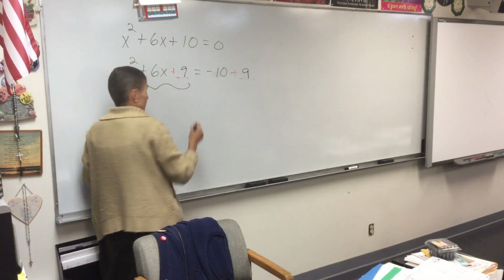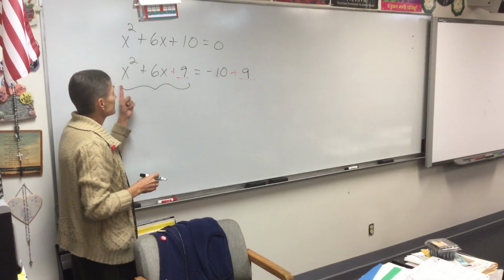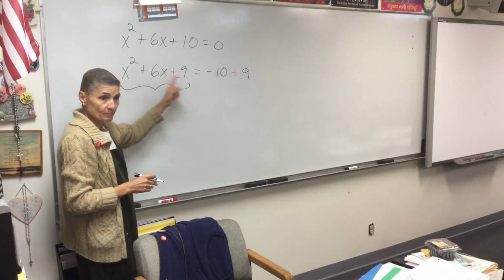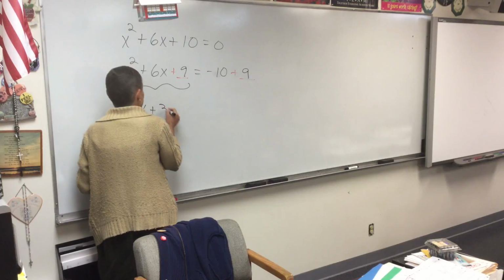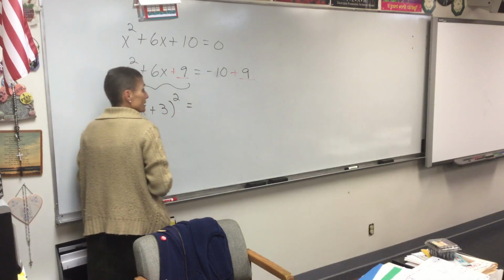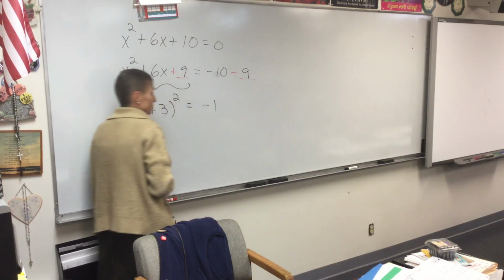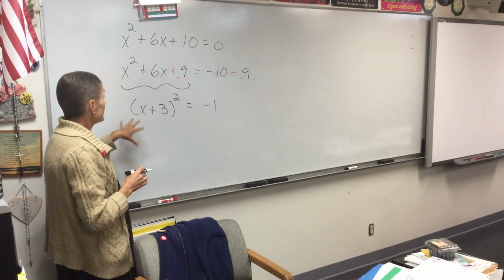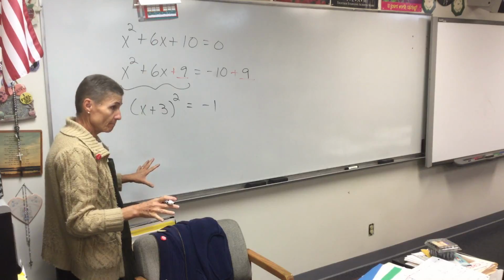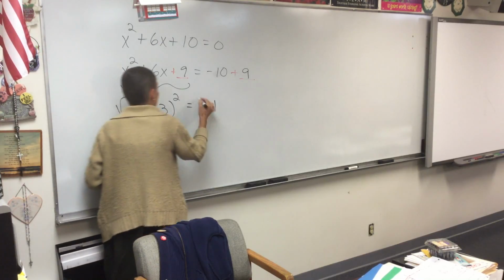Now the whole purpose of the exercise is to make this a square. So what is this? (x + 3)² = -1. Right? Okay. Now, what's the next step? Square root both sides.